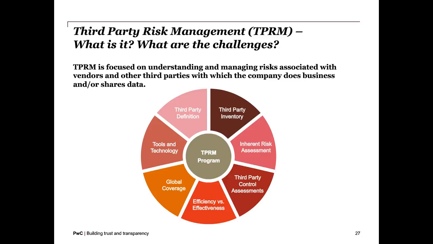So I'd like to talk first about some common challenges within third-party risk. One of the biggest ones we see is really around defining what third parties are within an organization. Many times an organization and the individuals within it think of the word vendor and supplier, and it puts a specific image in their minds of who they're dealing with and what the relationship is.